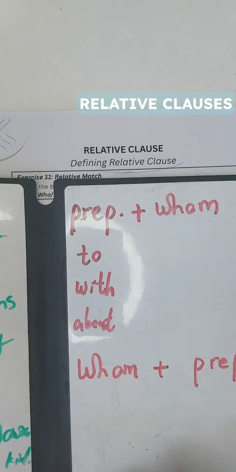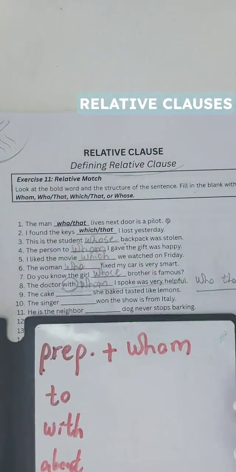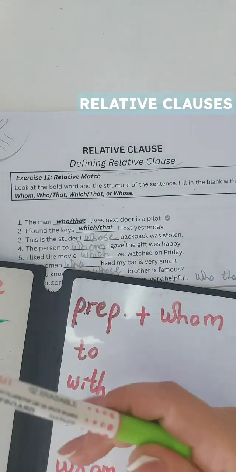Okay, Mindel, you used the zero relative now, right? And the sentence is perfectly correct. The doctor spoke. With people, we don't use which. Okay, whom. So again, the doctor whom I spoke to was very helpful.